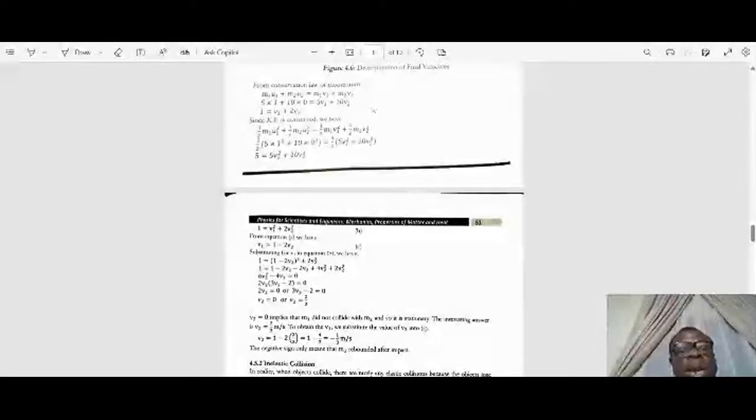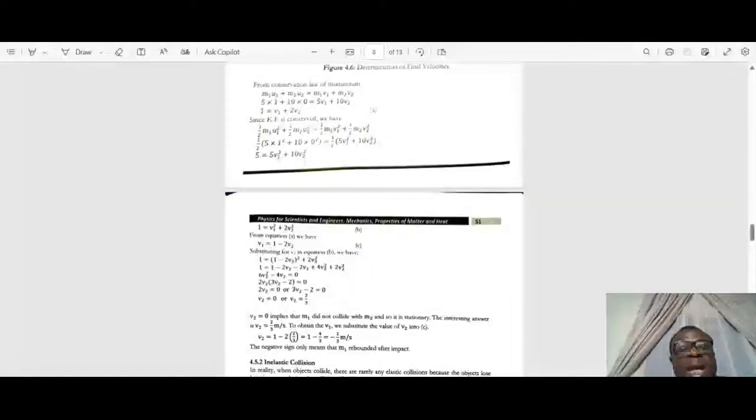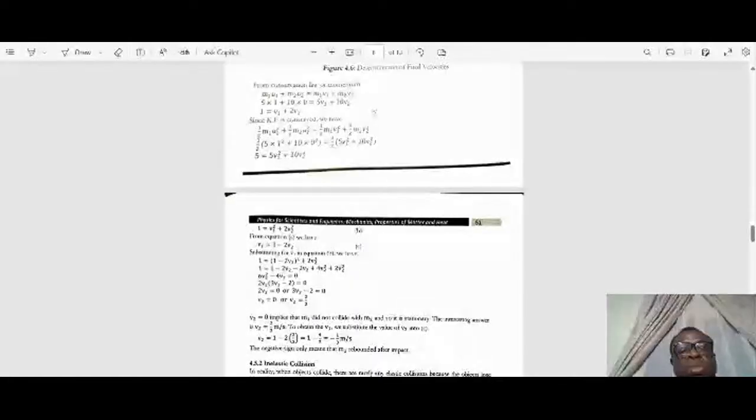So since the kinetic energy is also conserved, we also look at the kinetic energy. We know that kinetic energy generally is half mv squared. That is the formula for it. So we now have half m1 u1 square plus half m2 u2 square, this is before collision, equal to half m1 v1 square plus half m2 v2 square.